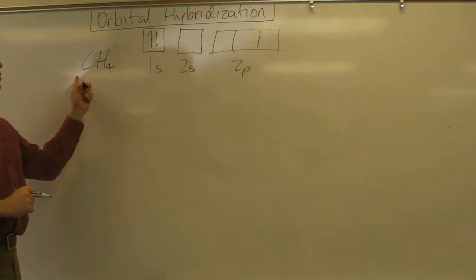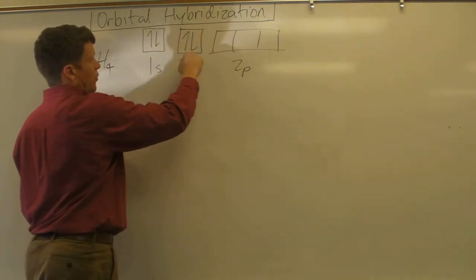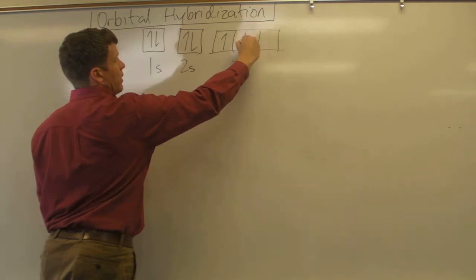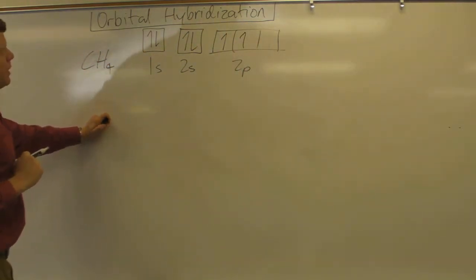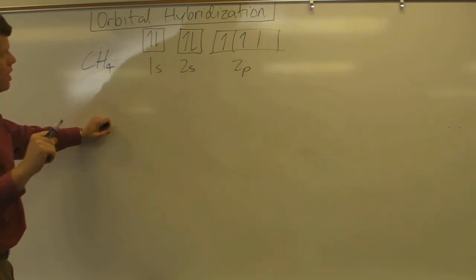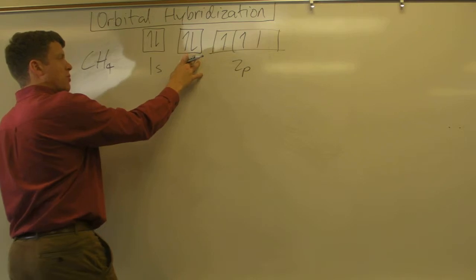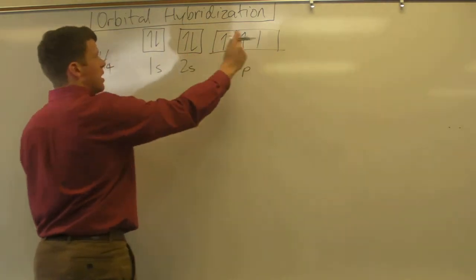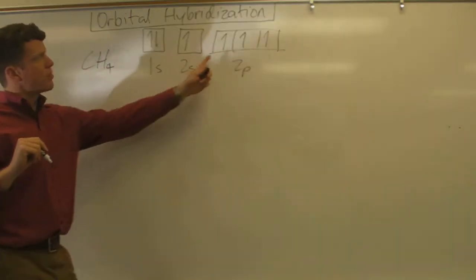So if we looked at the electron configuration of carbon, it's got 6 electrons, 2, 4, and then 6. So now, same sort of idea. One of the electrons from the 2s is going to get promoted to the 2p, so that happens first. We've all got positive spins, notice that.